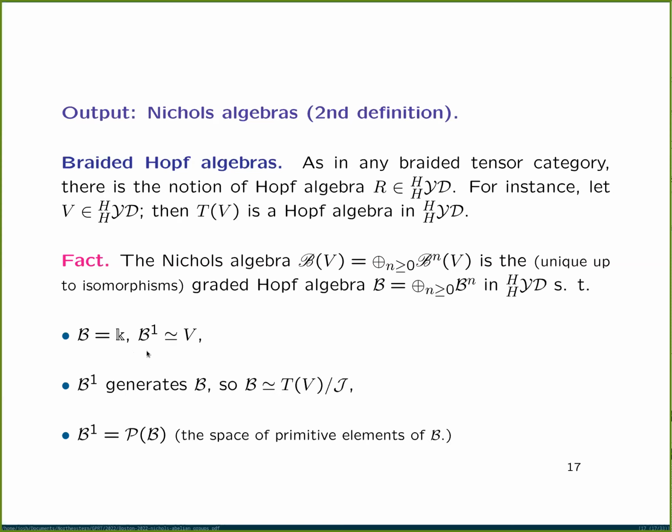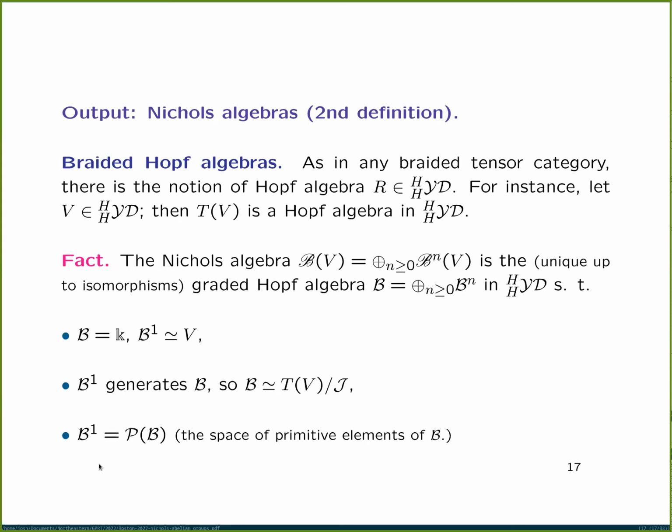Now, there are the two fundamental conditions. One is with respect to the algebra structure, and the other is with respect to the coalgebra structure. With respect to the algebra structure, we say that B is generated in degree 1. So B_1 generates B as an algebra. In particular, B should be isomorphic to T of V divided by some ideal, and this ideal will be homogeneous and will start in degree 2.